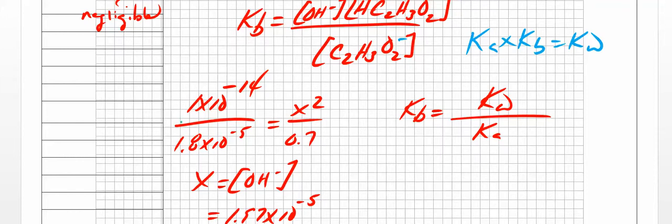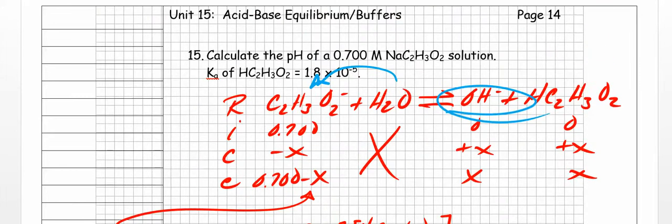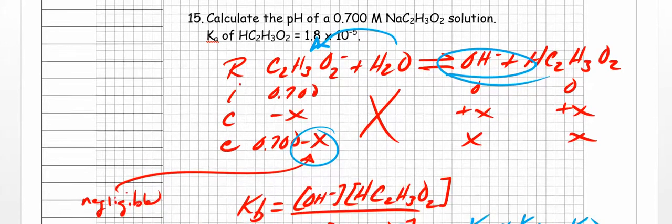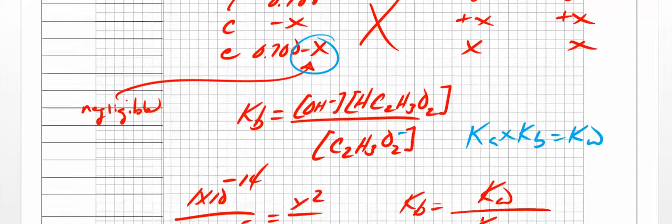Or I can just write that in the expression. 1 times 10 to the minus 14 over 1.8 times 10 to the minus 5 is equal to x times x, or x squared, over 0.7. Notice again, I can say that this x is negligible, and I can just put a 0.7 on the bottom and get away with it, okay?